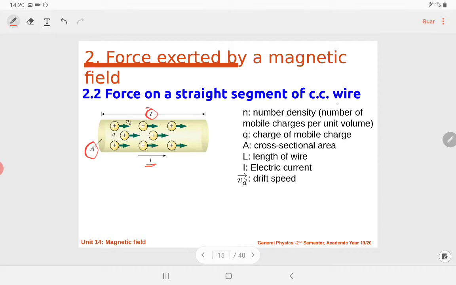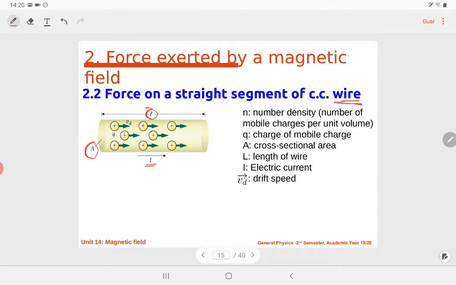We know that in wires the mobile charges are really the electrons, so in an electric current going towards the right, we would have electrons moving to the left. However, it's easier to think of positive charges moving, because you don't have to change signs. So we're going to think that we just have positive charges moving to the right.